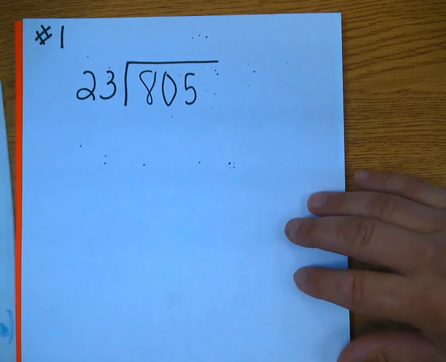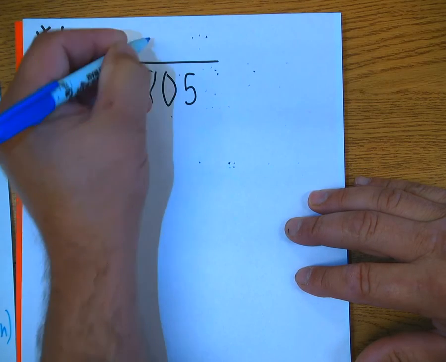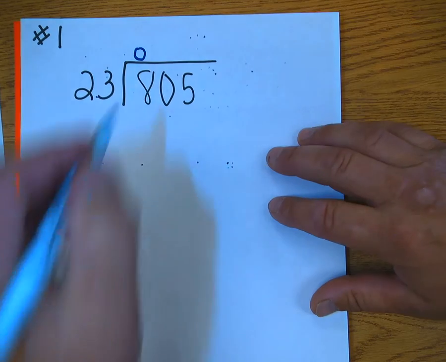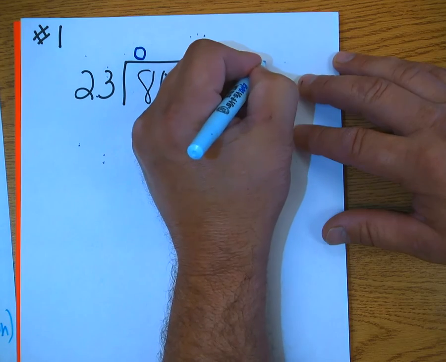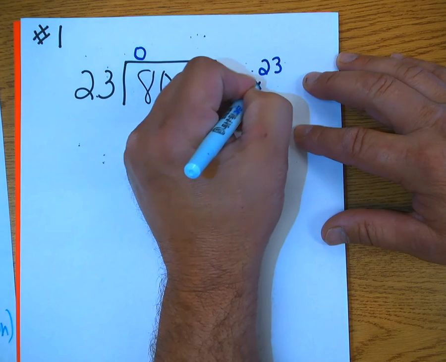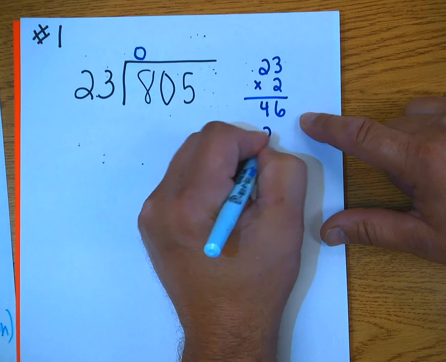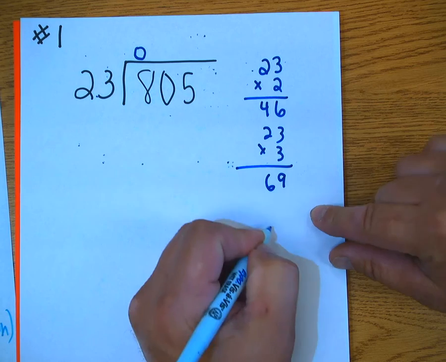Divide, I'm talking about how many times does 23 go into 8, and I always go one number at a time. It does not go into 8 evenly. It will go into 80, but I don't know how many times. So that's where I start multiplying. 23 times 2, 46. 23 times 3, 69.